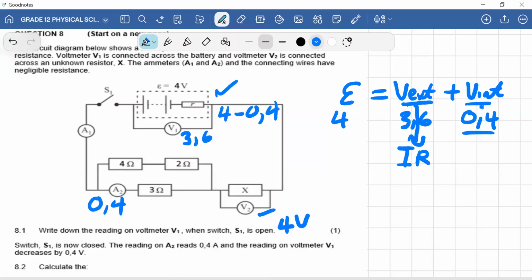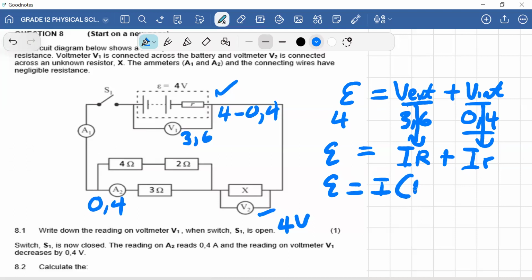And to calculate this V internal, we say the current multiplied by the internal resistance. Therefore, the EMF can also be written as the current, bracket open, R external plus R internal. So that is the formula for the EMF.